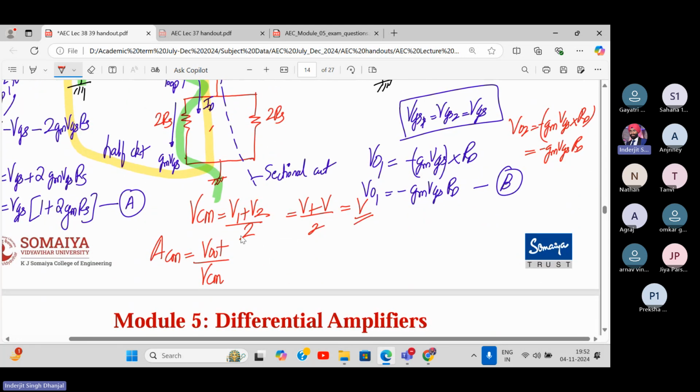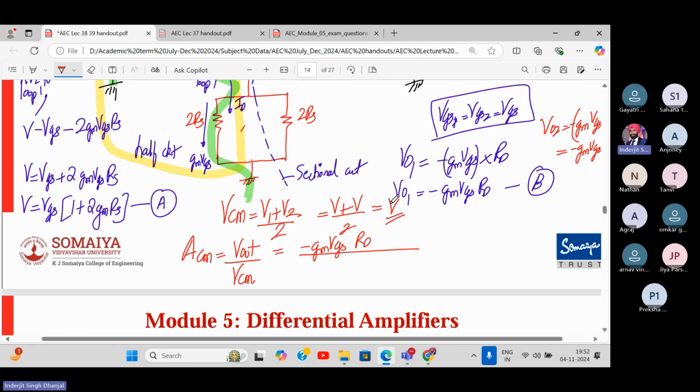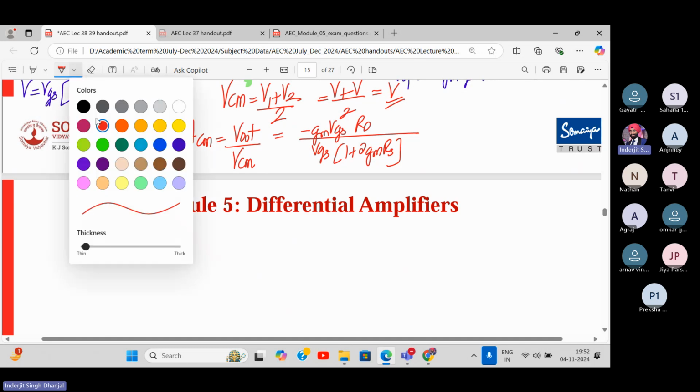Okay. So how much is V out now? Minus GM VGS into RD. And what is VCM? It's V, right? What is V from equation number A? It's VGS into 1 plus twice GM RS. What gets cancelled out over here?